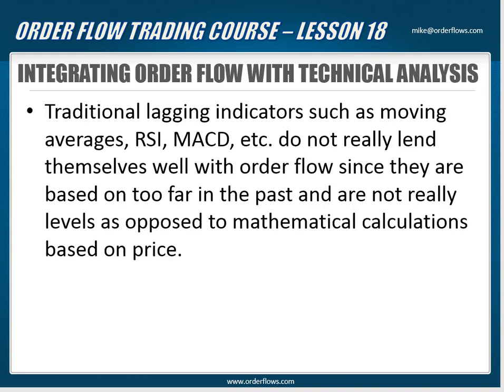Traditional lagging indicators such as moving averages, RSI, MACD do not really lend themselves well with order flow, since they're based on too far in the past and not really levels, as opposed to mathematical calculations based on price. What I mean is, you have a moving average, a 200-day moving average. Yeah, price can react around it, and price does, obviously, but what are you using to calculate it?